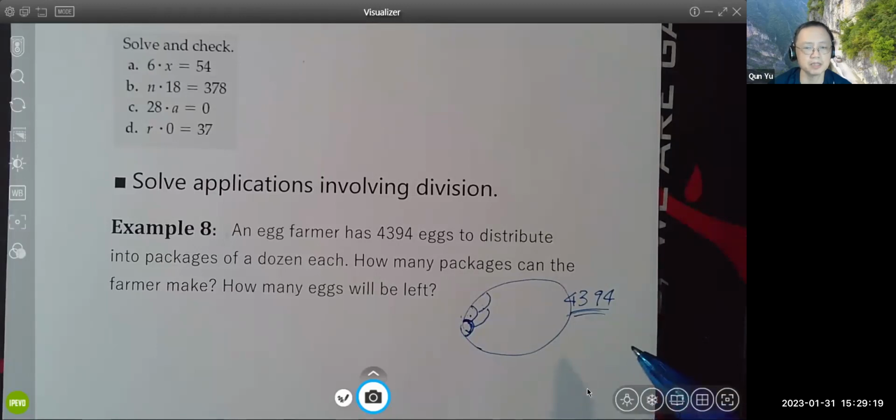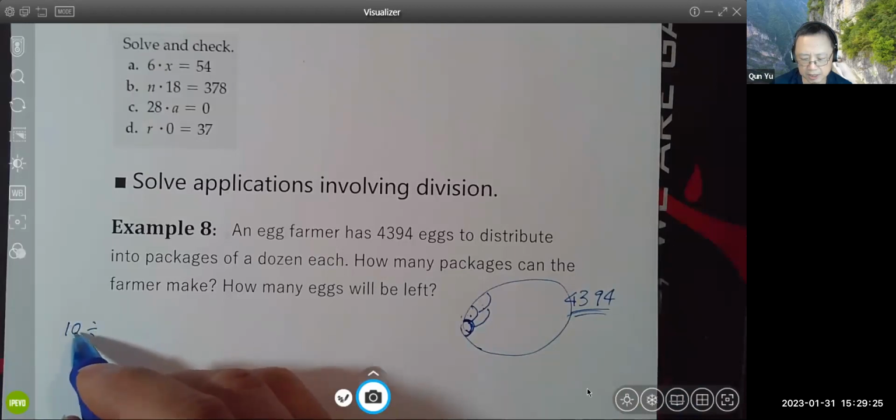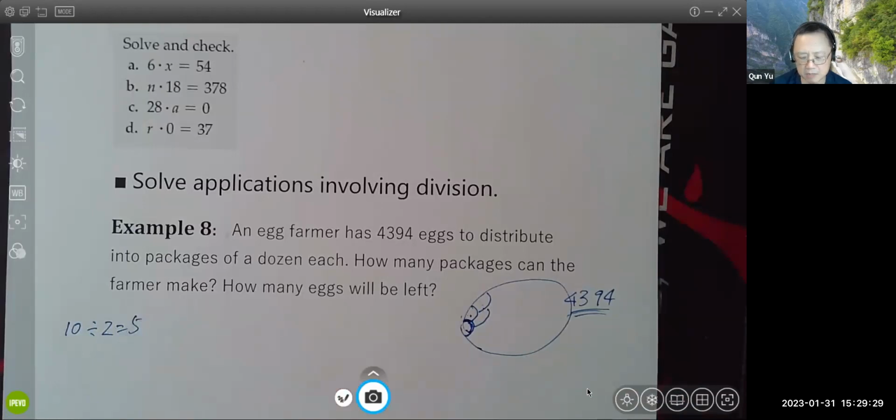Still remember the meaning of division? Let me remind you. If you divide 10 by 2, you get 5. What does that mean? It means there are 5 2s in 10. So we want to know how many 12s are in this number. How many 2s in 10? In this case, we divide by 2. In this case, we need to divide by 12.